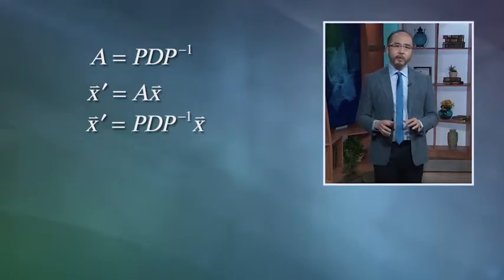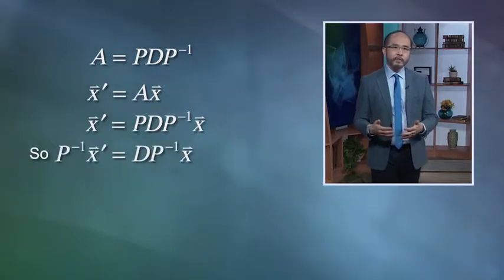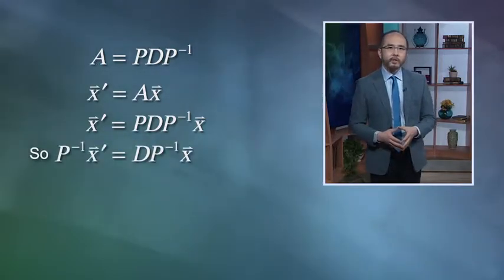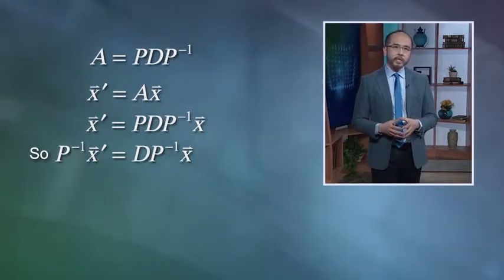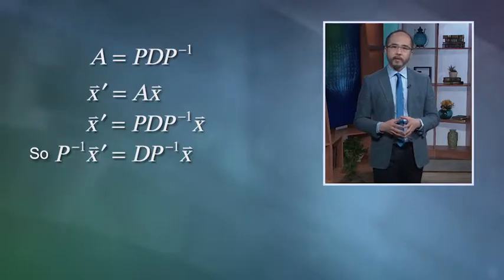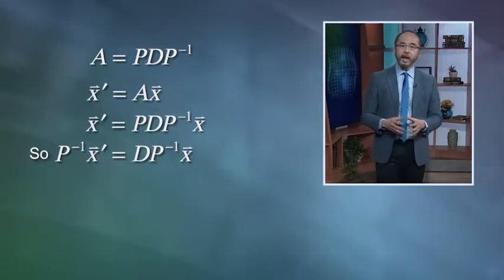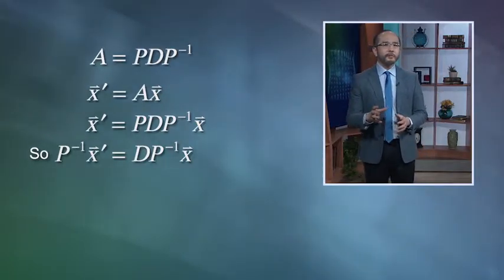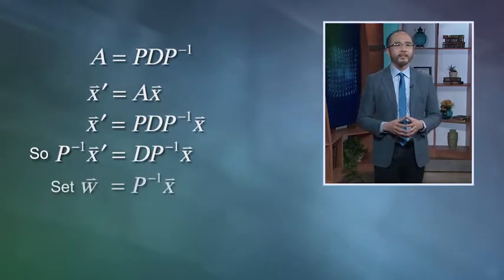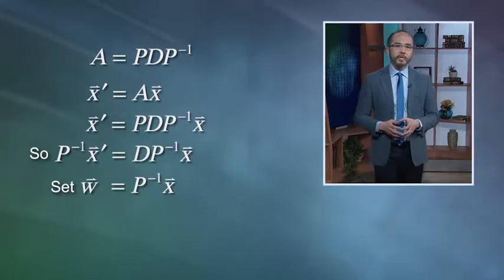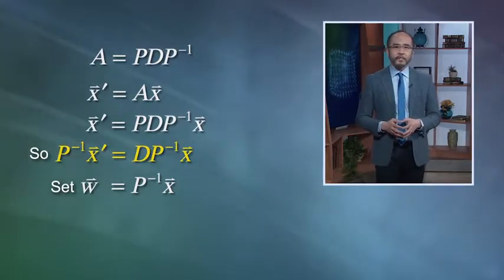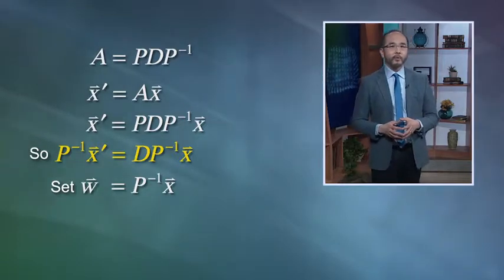If I multiply both sides by P inverse on the left, I'll get P inverse times x prime equals D P inverse times x. Now, a good substitution may become apparent. If I set the vector w equal to P inverse times x, then this equation is going to simplify. It's going to be really convenient.